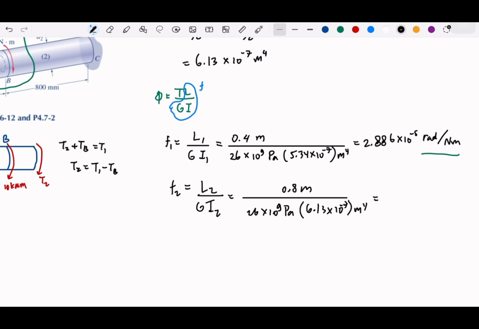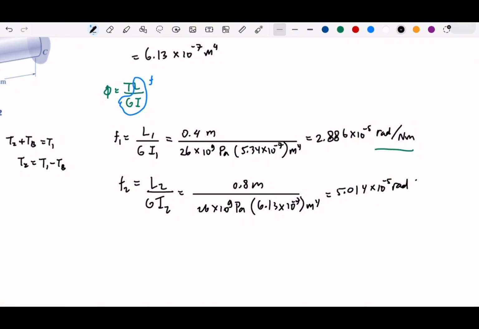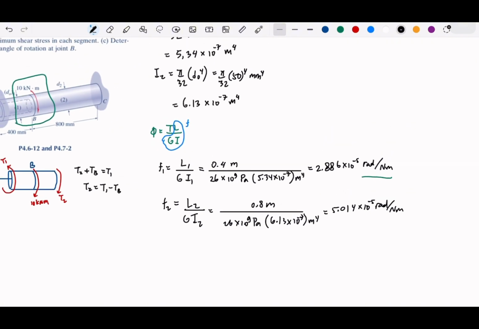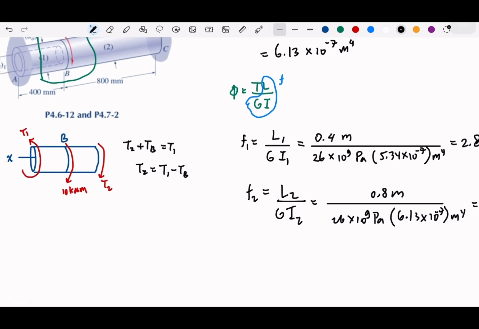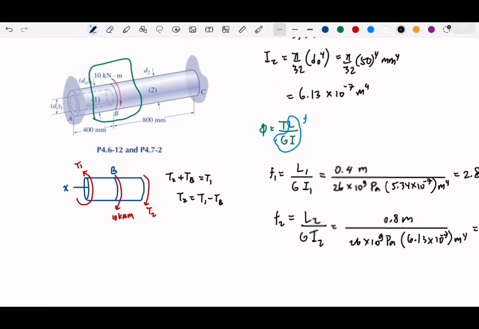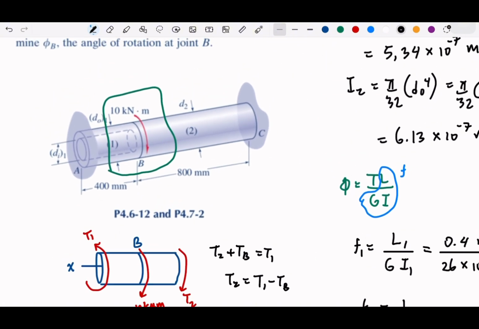And the result is 5. So we have F, we have all the information, we have the T, and then we need to add the compatibility equations. So geometry deformations that we have is because they are attached to the wall.